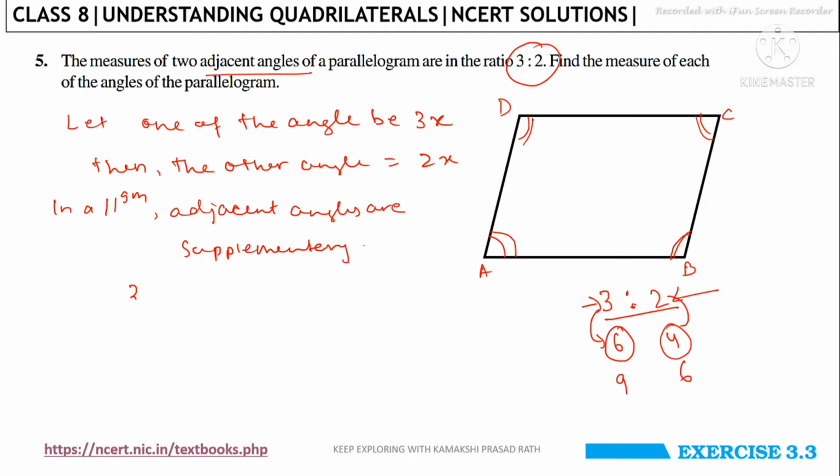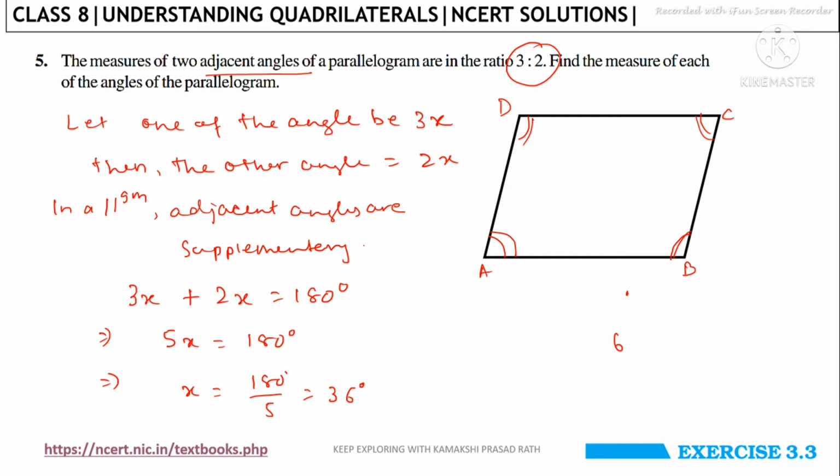So 3x plus 2x equals 180 degrees, which implies 5x equals 180 degrees. So x becomes 180 by 5, so we get 36 degrees.